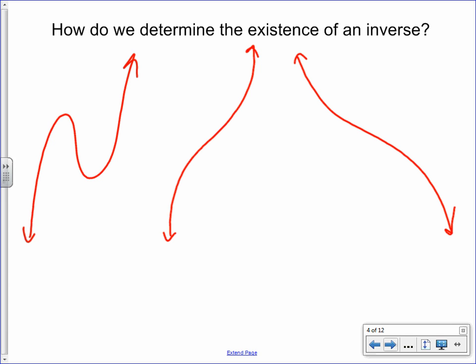Yes. Okay? So let's think about these three graphs that I wrote up here. What is causing that first one not to have an inverse? There's more than one. It's not passing the horizontal line test.